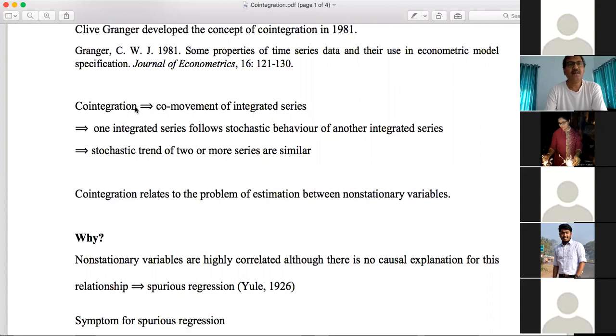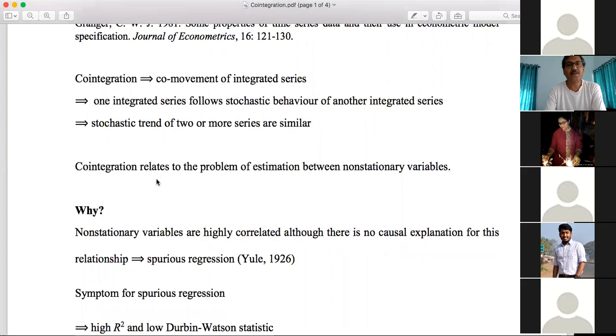This concept of co-integration is particularly useful when we want to estimate the relationship between non-stationary variables. As I started with the basic problem of estimation between two or more time series variables, either by applying OLS or maximum likelihood, there is a typical problem we have to face if we have time series data. What kind of typical problem do we face if we apply OLS?